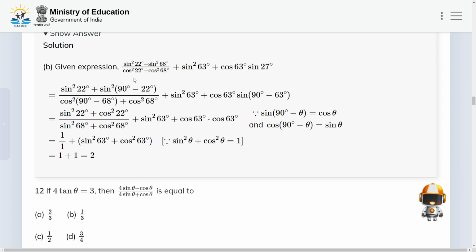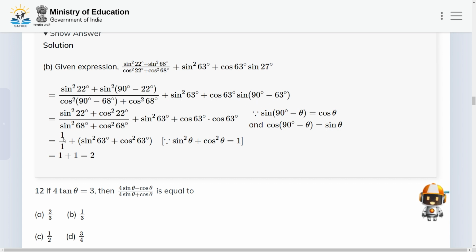Okay, we know this formula: sine of 90 degree minus theta is equal to cos theta, and cos of 90 degree minus theta is sine theta. So this is equal to sine square 22 degree plus cos square 22 degree, divided by sine square 68 degree plus cos square 68 degree, plus sine square 63 degree plus cos 63 degree times cos 63 degree, since sine of 90 degree minus 63 degree is cos of 63 degree.